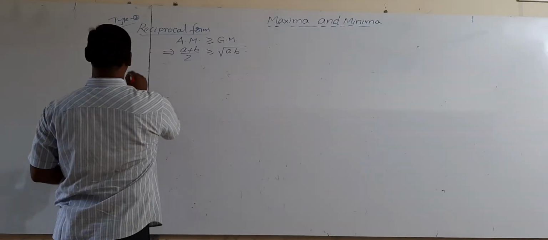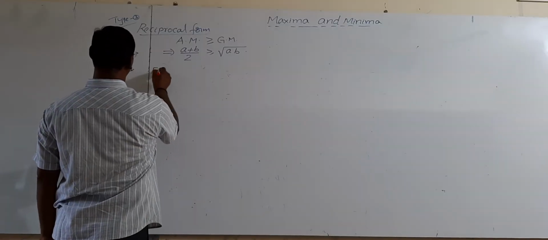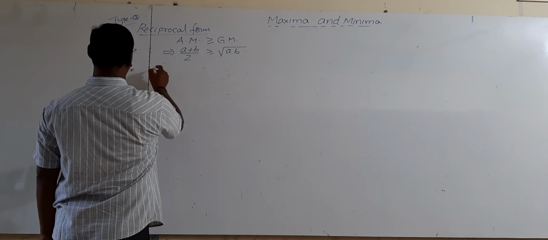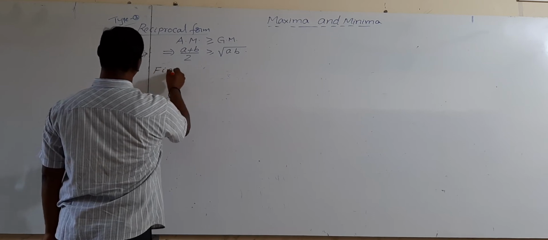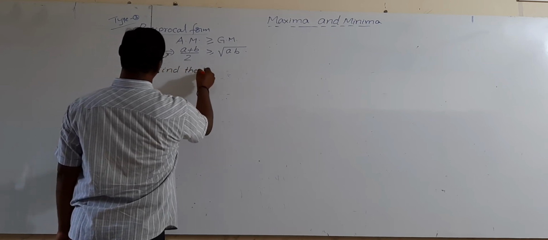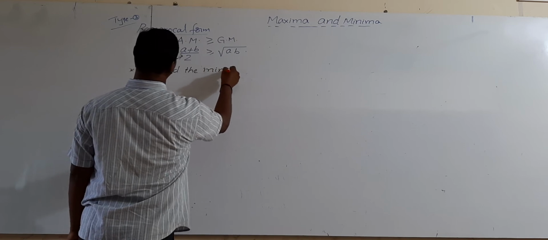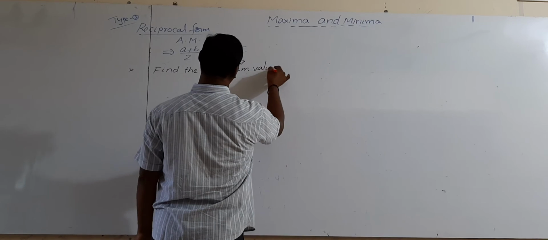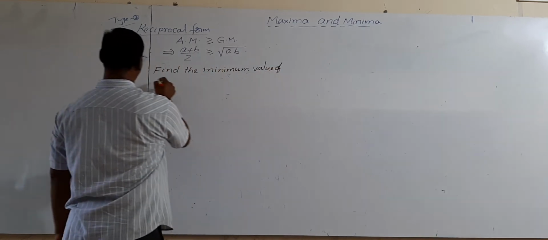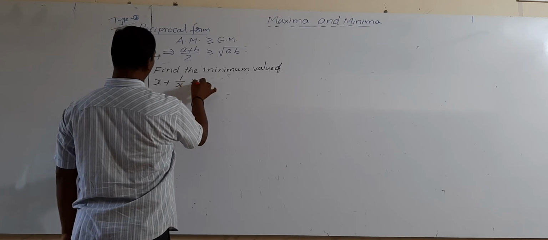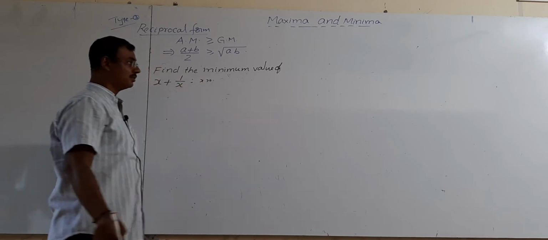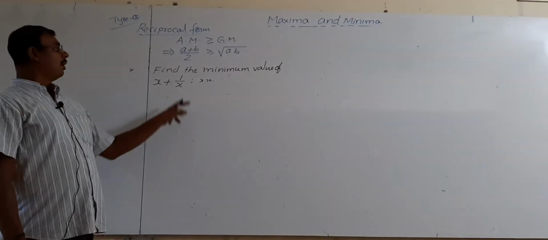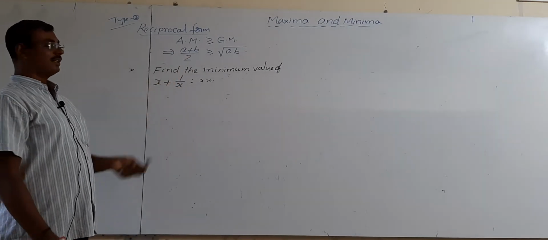Questions are asking like this. Find the minimum value of x plus 1 divided by x, where x is greater than 0. What is the minimum value of this function?